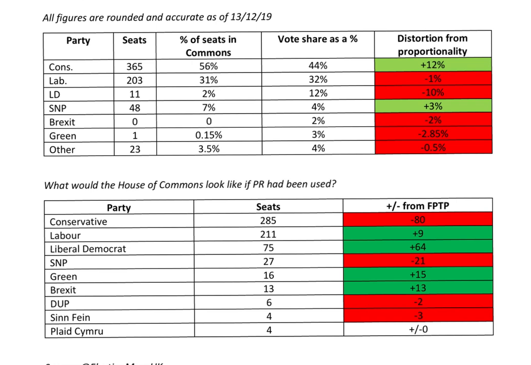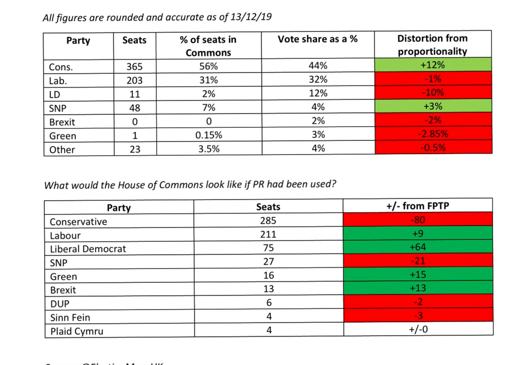So what would have happened? Well, if nobody wins a majority, then the largest party has essentially the first dibs on trying to form a coalition. So I imagine that the first party the Conservatives would have rung would have been the Brexit Party to get Brexit done and got their 13 seats, but that still wouldn't have been enough. So maybe they would have gone to the DUP, 6 seats from the DUP, still wouldn't have been enough.